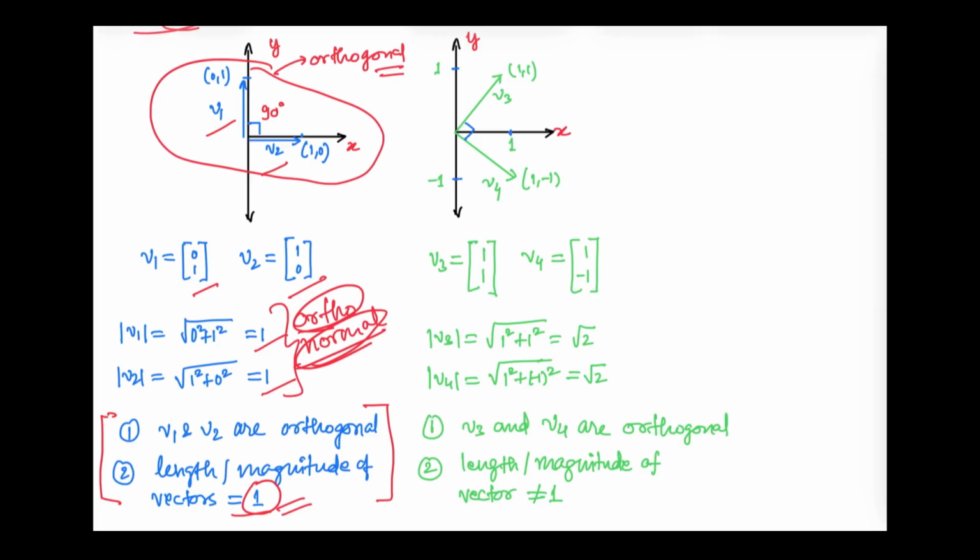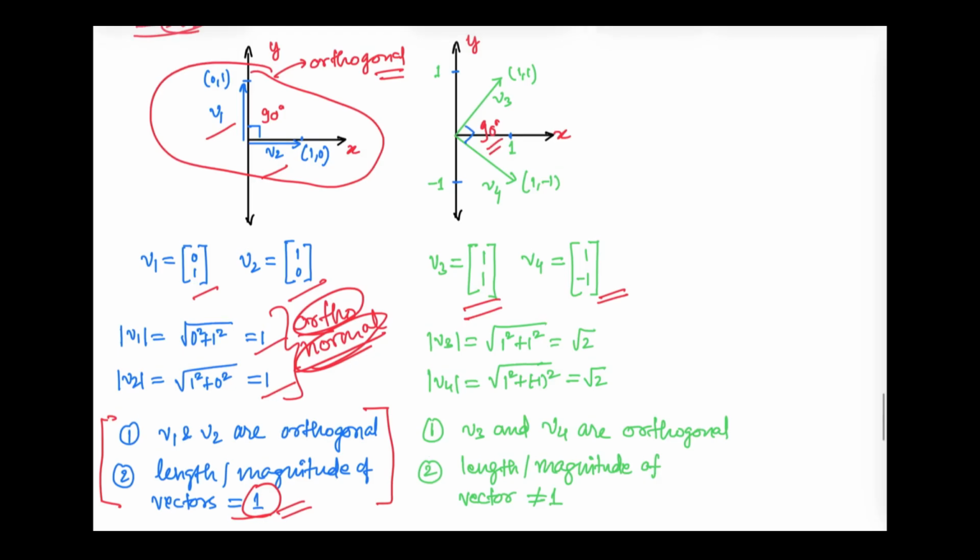In a similar situation, let us look at two vectors where vector v3 is (1, 1) and vector v4 is (1, -1). We see that the angle between the vectors is 90 degrees, so the vectors v3 and v4 are orthogonal to each other. Now we have to check the second condition, the length or the magnitude. We again find the magnitude of the vectors v3 and v4, and it is square root of 2.